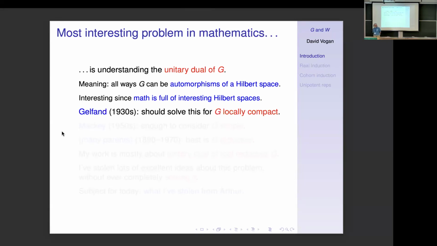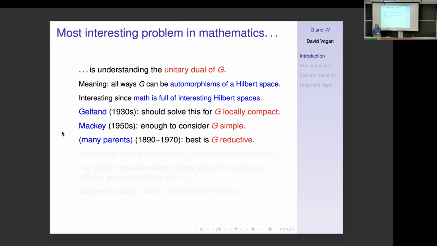Gelfand in the 1930s said that it was good to solve this problem for locally compact groups. Mackey in the 1950s said that you could analyze this problem in terms of normal subgroups of G. You could make reductions. And so more or less, you should just consider simple groups.